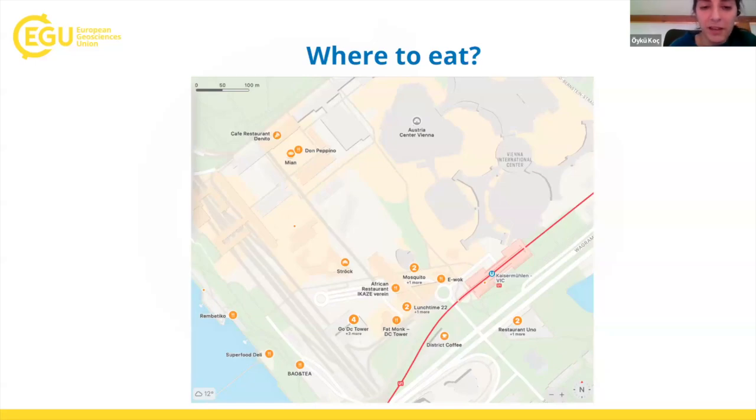You can simply take the metro and go to a nearby station and find something there. This is something that you might end up doing, because we have so many attendees and we don't have so many options, so there is always a sort of queue.